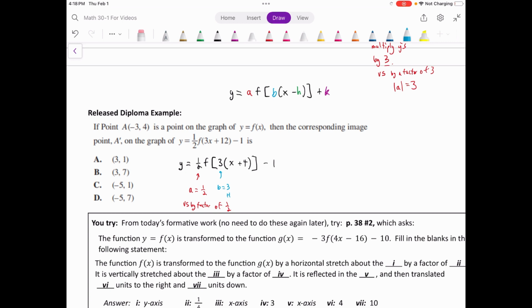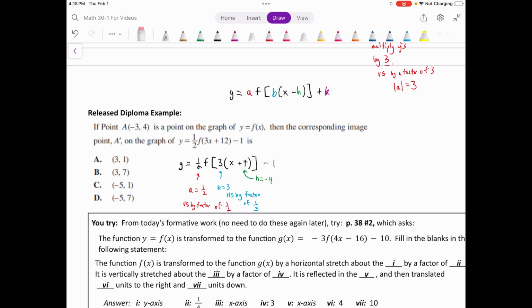Kind of backwards for the horizontal stuff. But again, not really backwards when we understand why. It's just because x isn't isolated in these equations. So horizontal stretch by a factor of 1/3. What's h? Is it 4? Good, not quite. h here is -4, right? Because it's supposed to be x minus h in function notation.